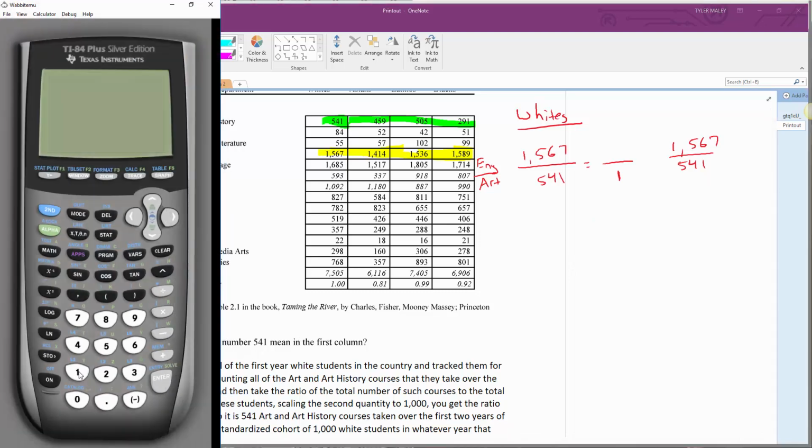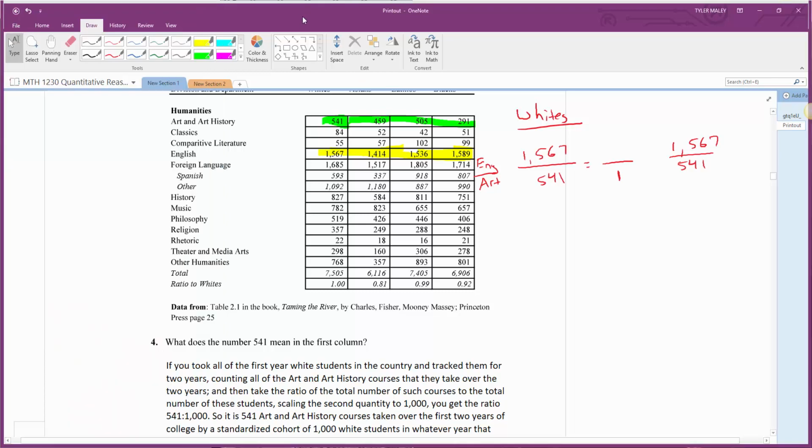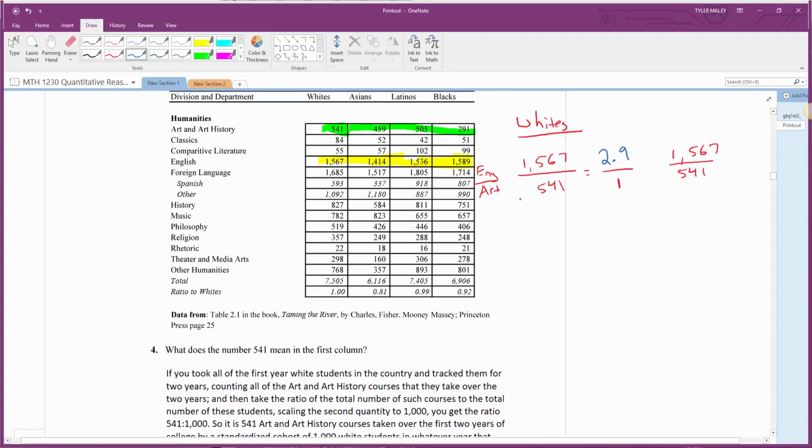So if I take 1,567 divided by 541, I get roughly 2.9, right? So we'll round this to 2.9. Right? So then for the next category we have Asians.